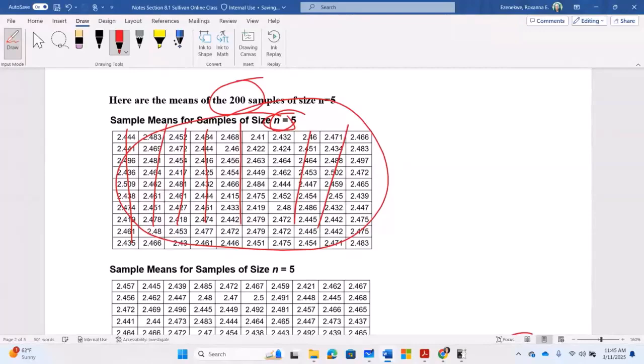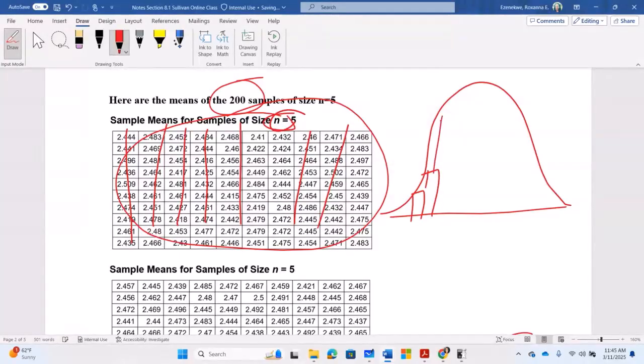The central limit theorem says that the distribution of these means, in other words, if I draw a histogram of this distribution, the histogram will be normally distributed.